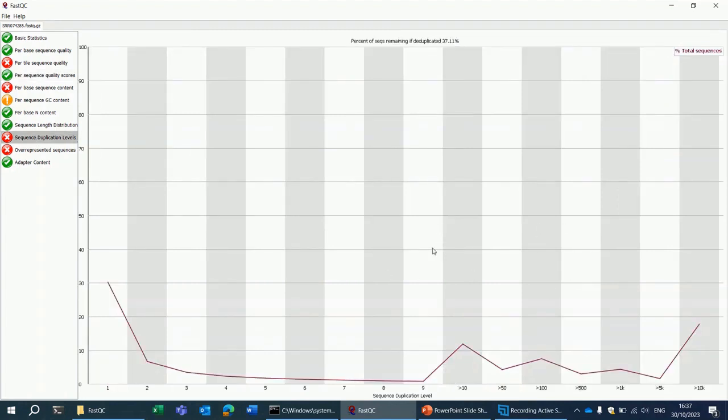Because to find duplicates, FASTQC will look for reads with exactly the same sequence over the first 50 bases of the reads. And when the overall quality of the reads is low, there will be a lot of sequencing errors, so it will miss a lot of duplicates because of the sequencing errors. They will not be identical anymore, but there will be sequencing errors.